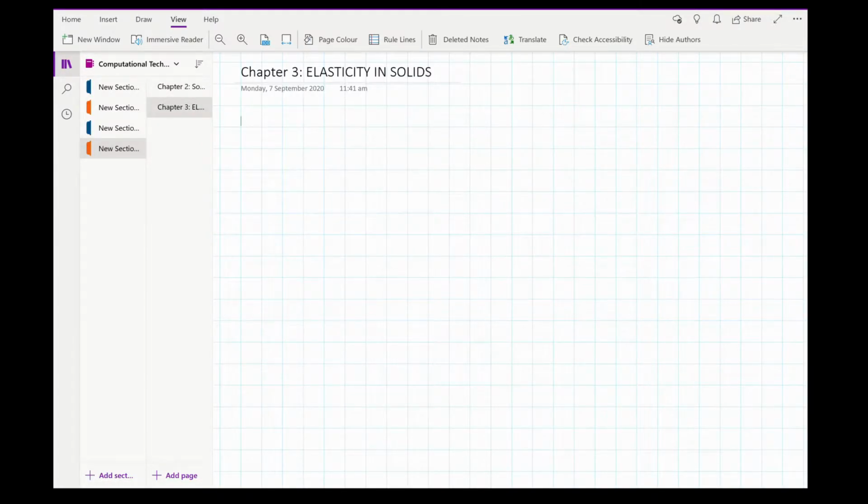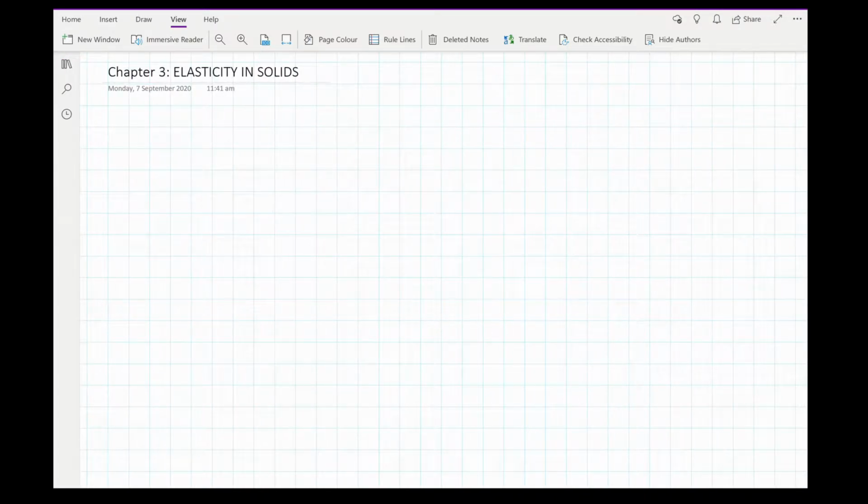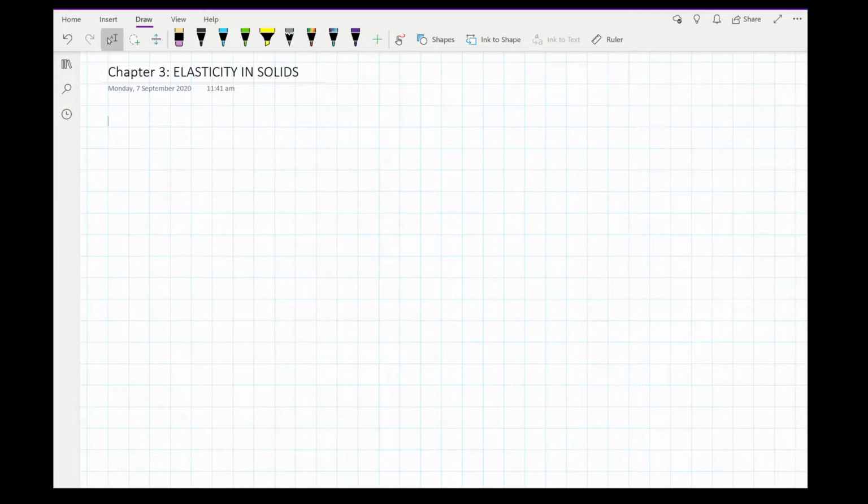Now today we're going to move into a new chapter, which is elasticity in solids. So what do we know by elasticity? Let's say we have a rod like this where we apply force here and another force here and we stretch it up to here.